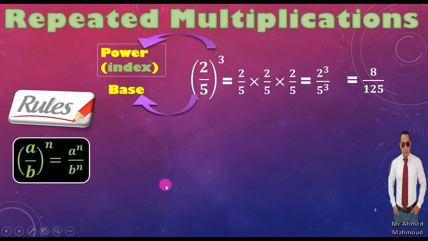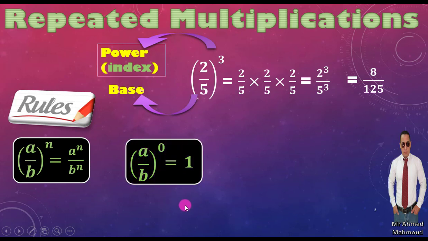Another rule, an old rule we studied last year: any number to the power of 0, any number except 0, equals 1. These are the two rules related to this lesson.